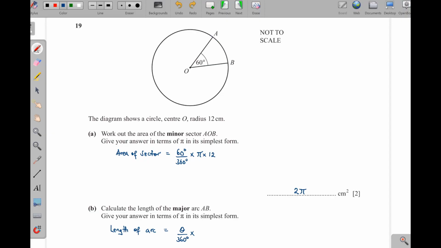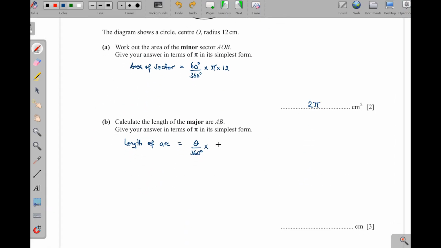So we multiply by the circumference of a circle, which is given by 2 pi r. Now, for the length of the major arc, this one changes a little bit. This formula could be used for the minor arc.